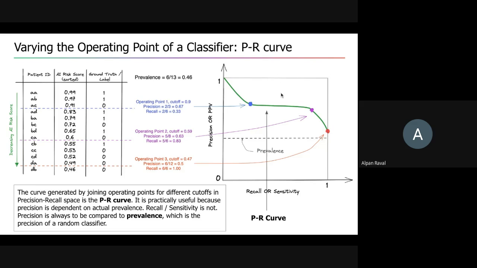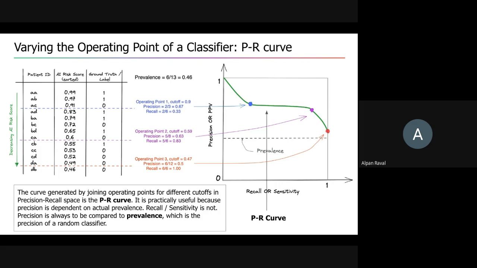In the last session, we were halfway through the discussion of PR curves, and one of the things I had mentioned was that prevalence is often easier to calculate than things like sensitivity and specificity. The reason is that sensitivity requires all of your data to be labeled before you can calculate it.